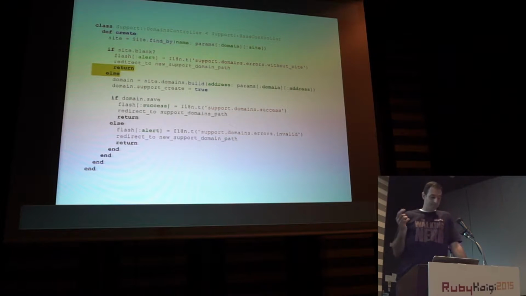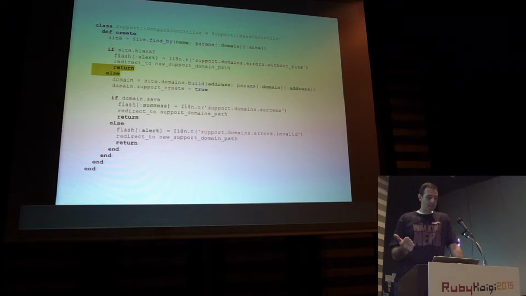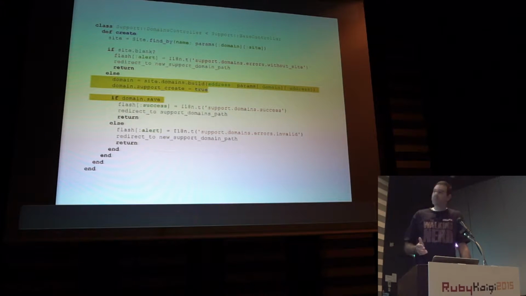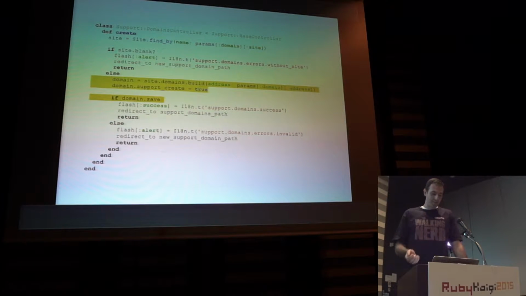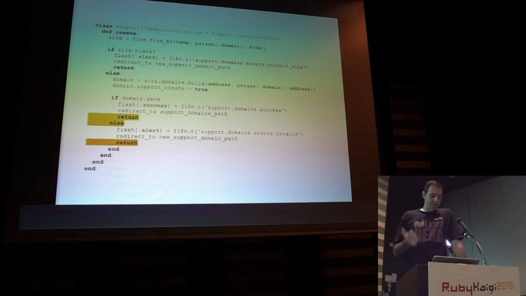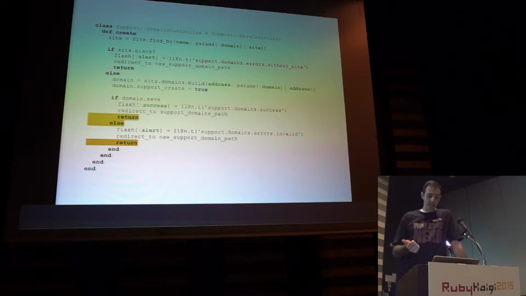But we have a return statement followed by an else statement. If I return, I don't reach the else condition. So if the site is found, we build a domain and save it. If the save succeeds, we set a message, redirect, and return.